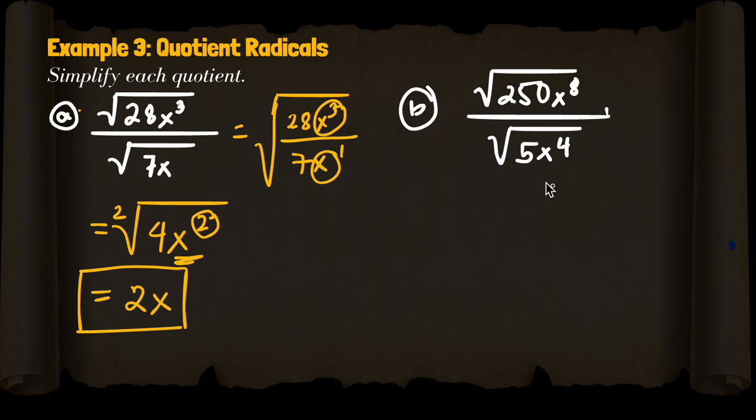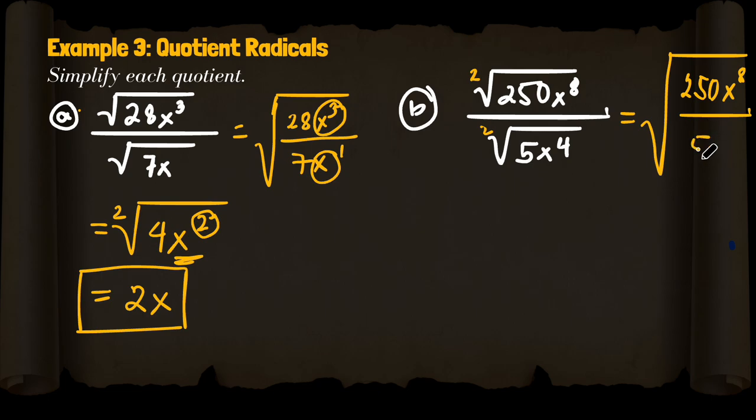And then, in the next example, we have square root of 250 x raised to 8 over square root of 5x raised to 4. Okay. So again, tanungin mo ulit, parehas ba ito ng index? Yes, parehas. Dahil parehas yan, ibig sabihin, from the rule, pwede natin siyang isulat sa loob ng iisang bahay. So, 250 x raised to 8 over 5x raised to 4.